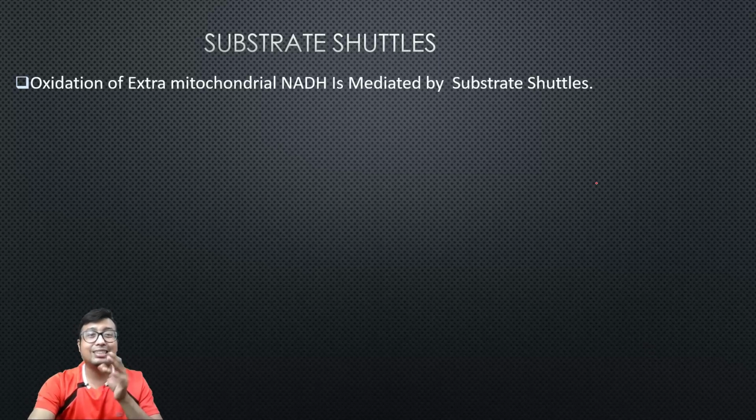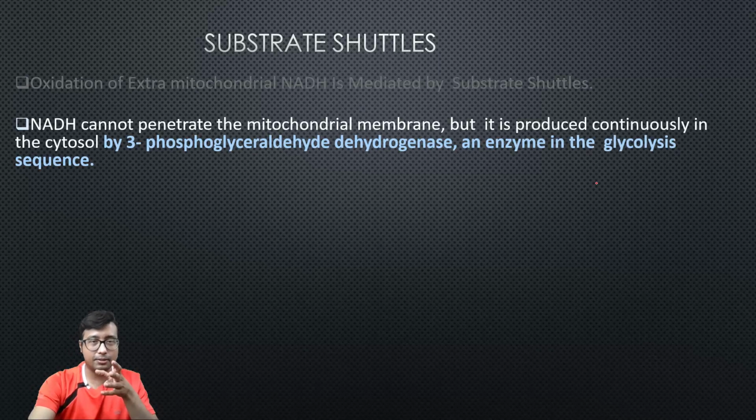But there are many pathways in the cytosol that produce NADH outside the mitochondria. This NADH needs to travel inside the mitochondria to be oxidized by the electron transport chain, but it cannot just go through the membrane into the mitochondria.